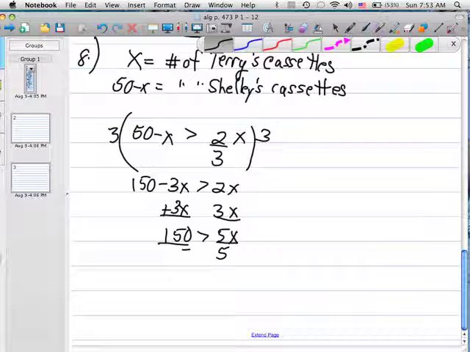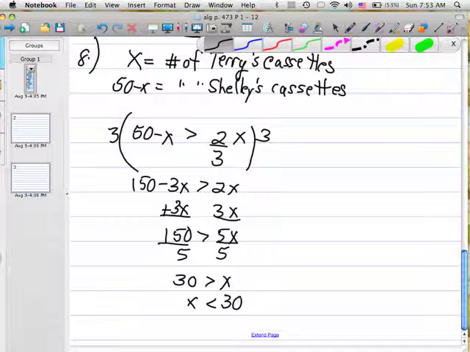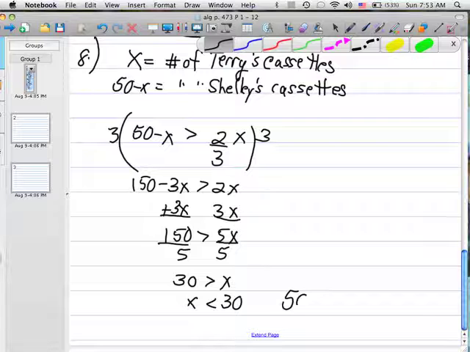Divide by 5, and I get 30 is greater than x. Therefore, x is less than 30. So at least how many cassettes does Shelley have? Well, Terry has less than 30. So if I take 50 at the least, how many could she have?